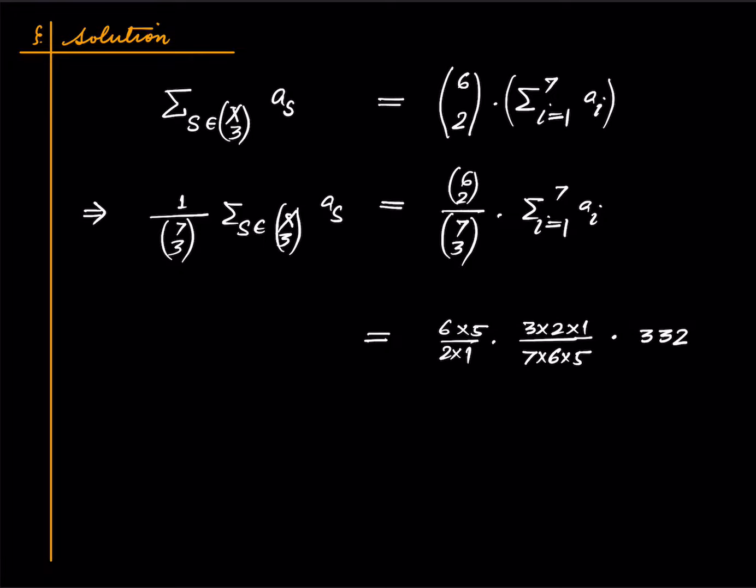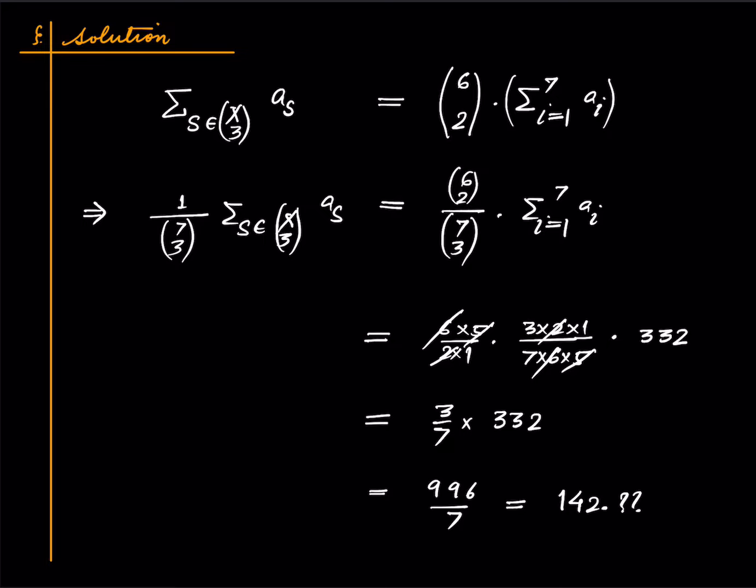So we have that, and this is equal to, so this cancels off, this cancels off, this cancels off. So we have 3 by 7 into 332, which is 996 upon 7. And this, if you compute, 7 ones are 7, and then 2, 29, 7 4s are 28, and then 2, and then point something something.